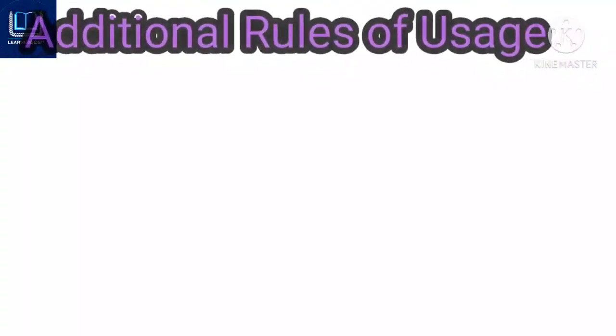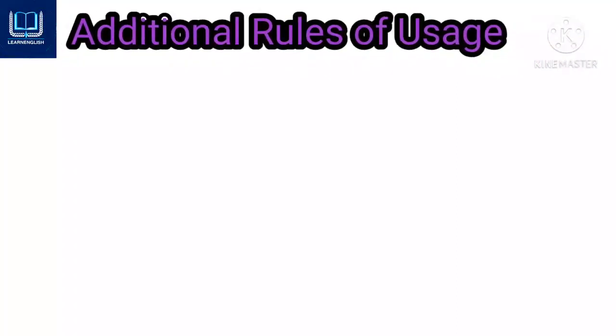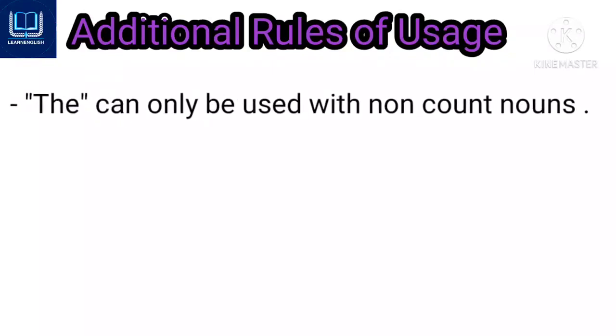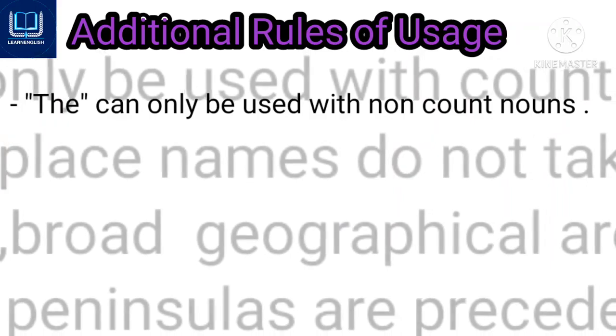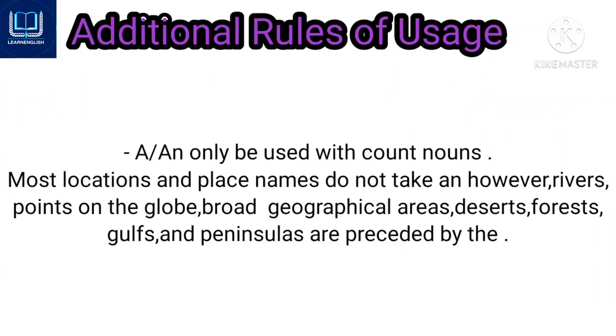Additional rules of usage. The can be used with non-count nouns. A or an can only be used with count nouns. Most locations and place names do not take the.